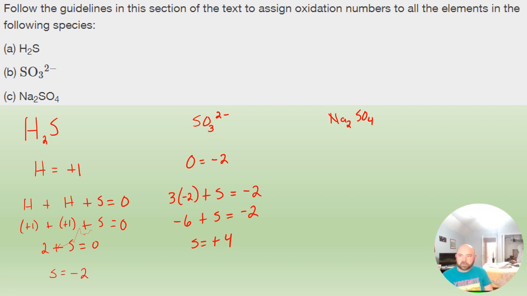We know from the set of guidelines that if we treat this as an ionic species, each of the sodium atoms has a +1 charge, and the oxygen atoms should have a -2 charge. There are 4 of them there.